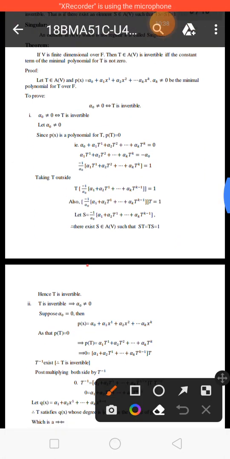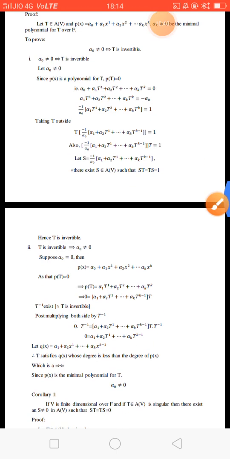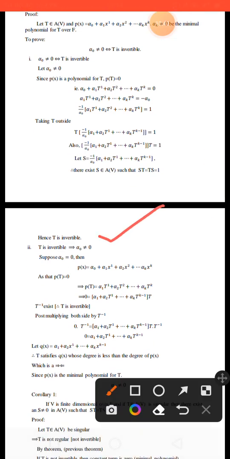Hence T is invertible. Now, T invertible, we have to prove that alpha_0 not equal to 0. We prove this by contradiction. Suppose alpha_0 equals 0, then p(T) equals 0 without the alpha_0 term.